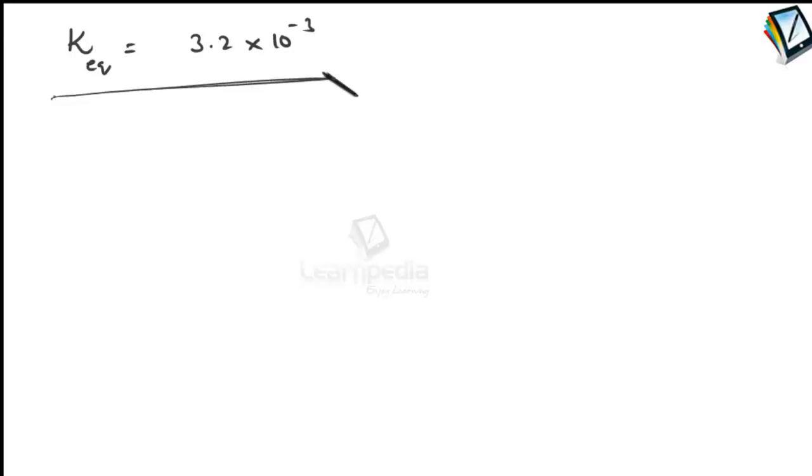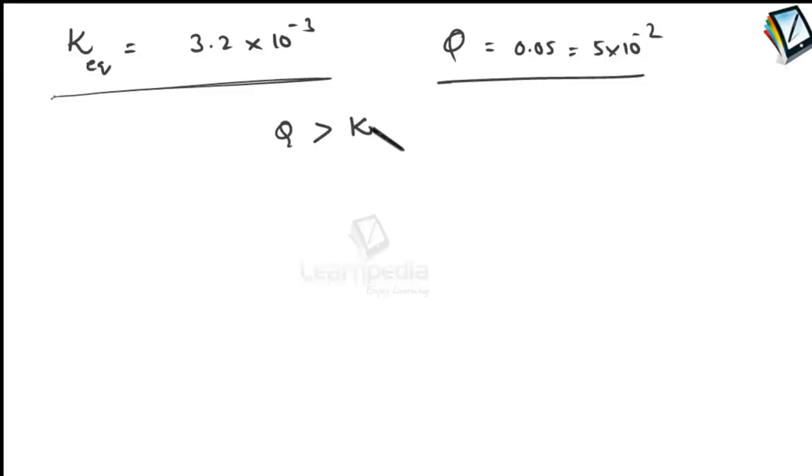The system always tries to move to attain the equilibrium. So here K is 3.2 into 10 to the power of minus 3 and Q is calculated and worked out to be 0.05, which can be written as 5 into 10 to the power of minus 2. From these two values, what do we understand? We find Q is greater than K. In other words, reaction quotient is more. That is, the ratio of the molar concentration of the products is more than the equilibrium constant.